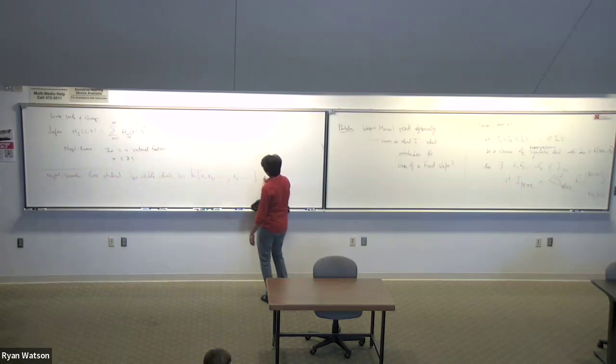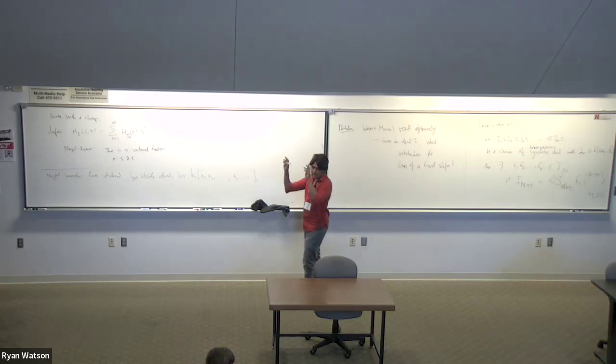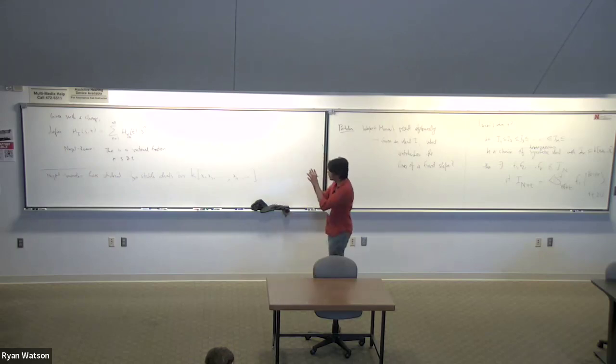In fact, they have a nice classification of these ideals up to copotency, by which you say that two ideals I and J are copotent if I to the N is contained in J and J to the M is contained in I for some N comma M. So it's kind of up to radical, but radical is not good to talk about. It's better to talk about copotency in these infinite variable cases.